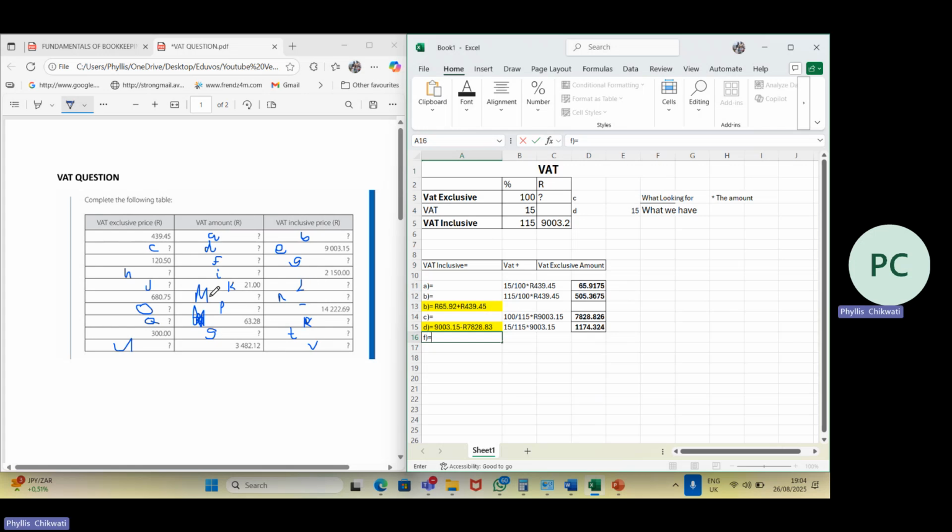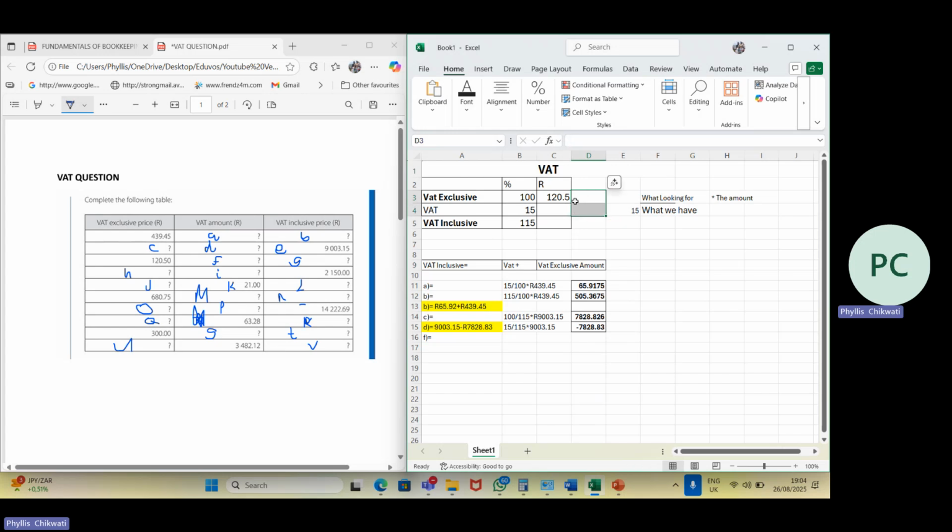With our F, we do have the VAT exclusive amount. It's 120.50. And that's all. We don't have the VAT portion. We don't have the inclusive amount.